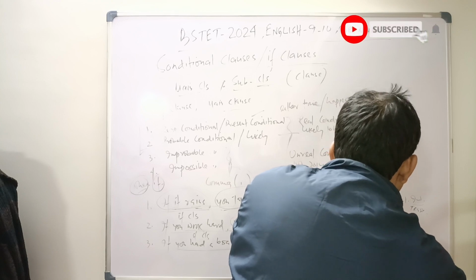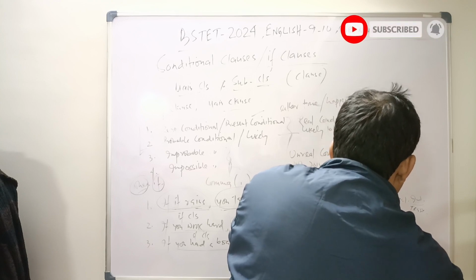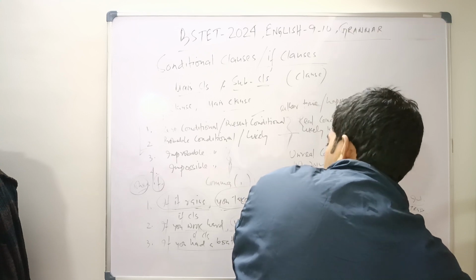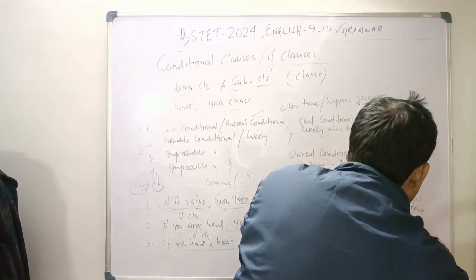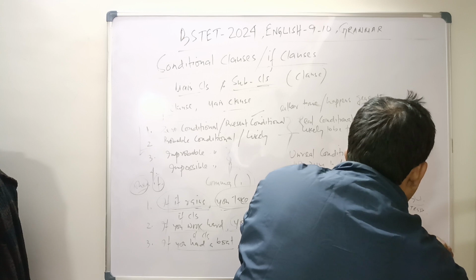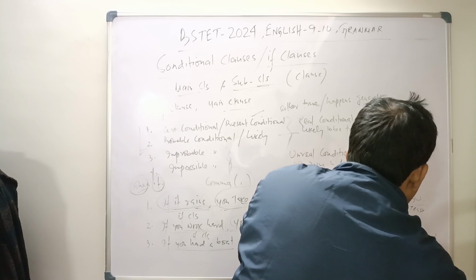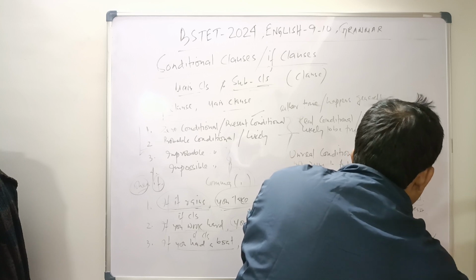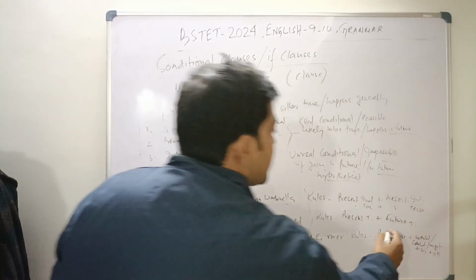Past tense plus would, could, might plus V1 plus others. All right, past tense.